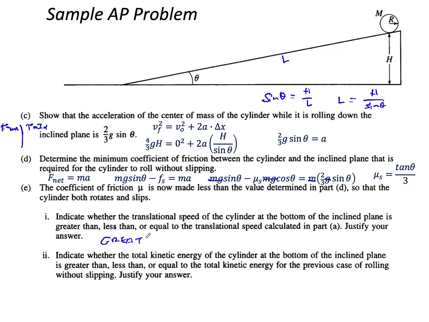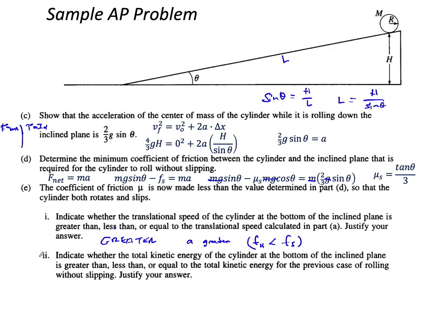Because our acceleration is greater because there's less friction. Kinetic friction here is smaller than the static friction that we would have involved. And so we're going to end up with a greater net force down the ramp.